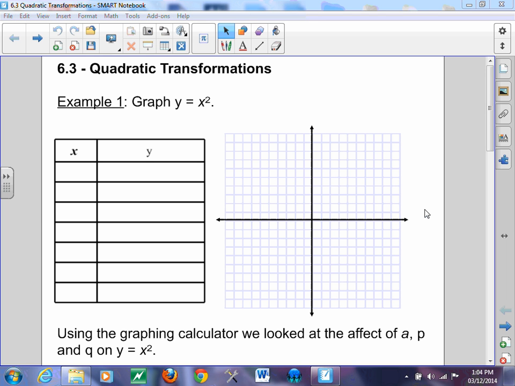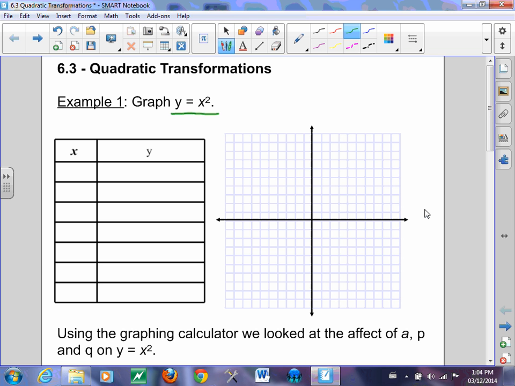And when we talk about transformations, ladies and gentlemen, we always talk about it from the base function. The most basic form of the quadratic is y equals x squared. So if I take my general equation, which is y equals a(x minus p) squared plus q, and I let p and q equal 0, and I let a equal 1, which is stripping down every one of those variables that changes or makes transformation, shifting left, right, up, down, then I'm going to be left with the most basic function.